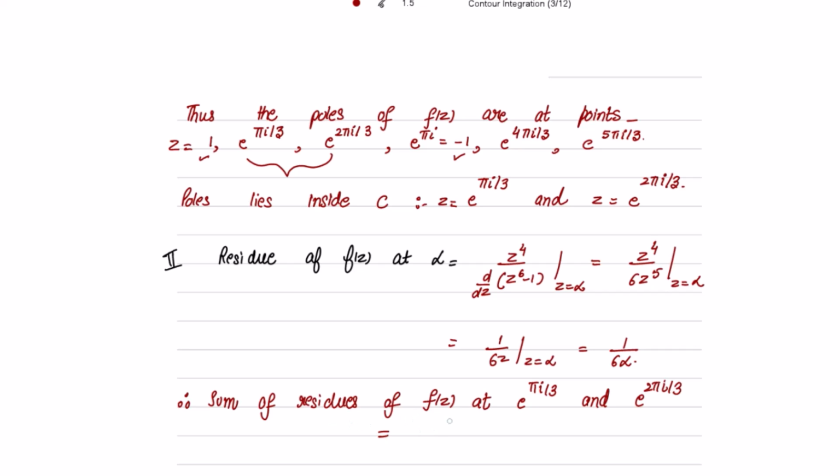So the sum of the residues at this pole and this pole is equal to, just put this value here for α, so let me take 1 by 6 outside. I'm putting the value of α first as e^(πi/3), and then the value of α as e^(2πi/3) because I'm adding the residues now.